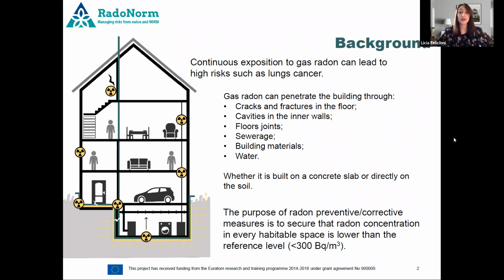But in any case, it can penetrate the building through different ways. For example, by cracks and fractures in the floor, cavities in the inner walls, sewerage, and also in a small amount from building materials and water. So since we are living and working in buildings, it is very important to keep a low radon concentration indoors in order to avoid future problems.